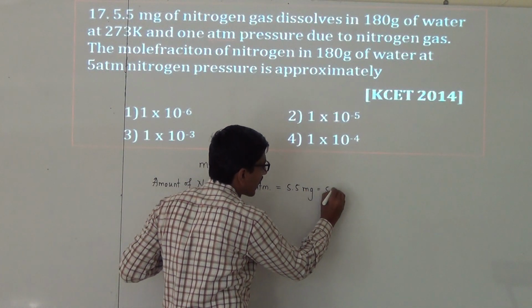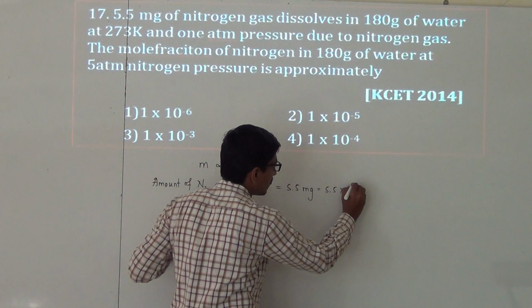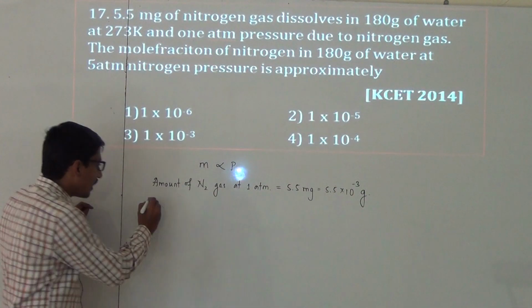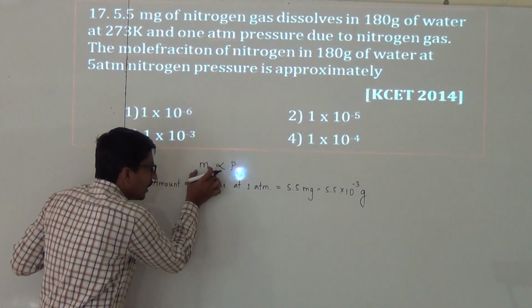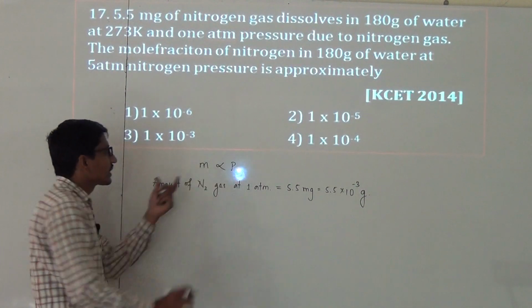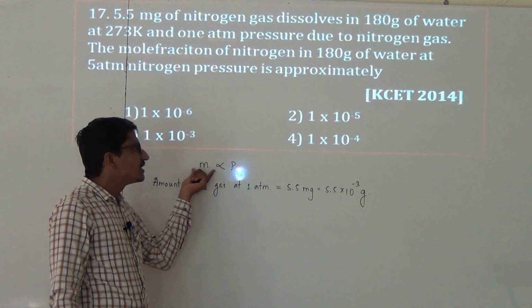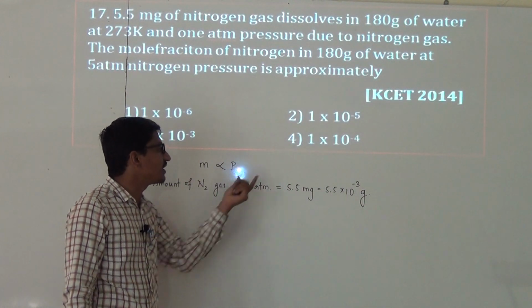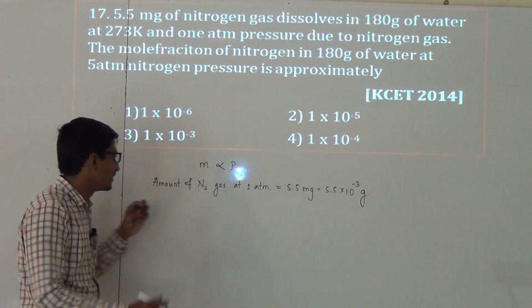This is equal to 5.5 into 10 raised to minus 3 gram. As pressure increases, the amount of gas dissolved increases.